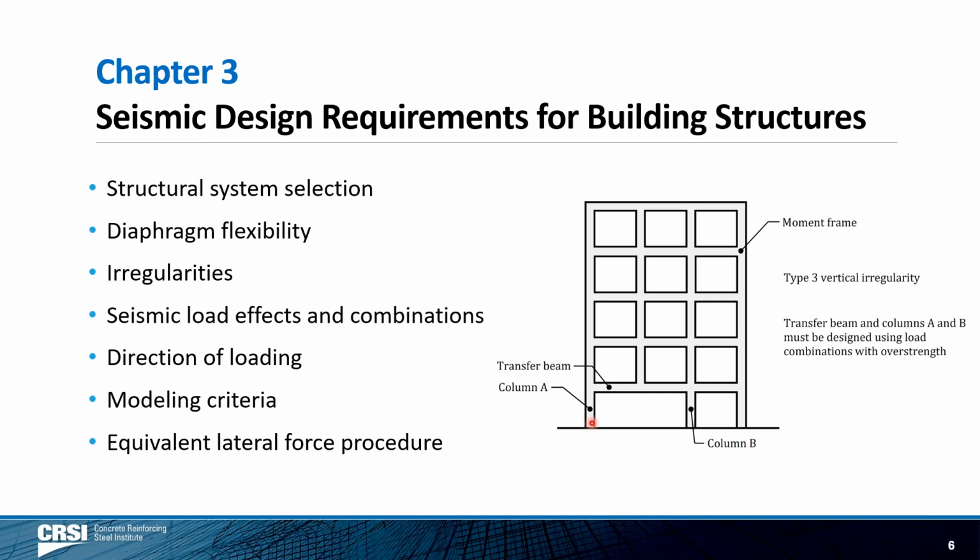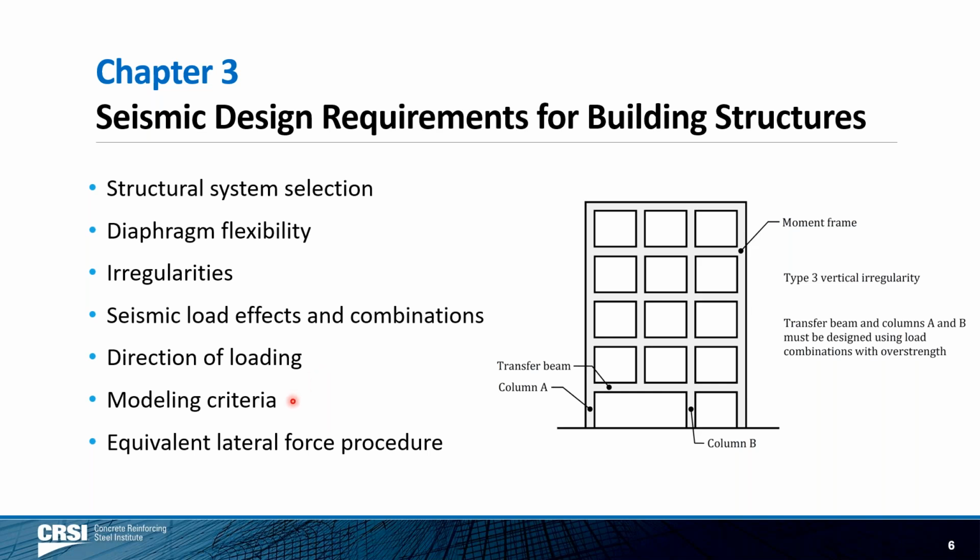And what we have in this particular case, the design of the transfer beam and columns A and B must be designed using the load combinations with overstrength. So we go over that, as well as all the other load combinations that are required. Direction of loading is important. We've got very explicit figures that show when and how it must be applied and under what conditions.